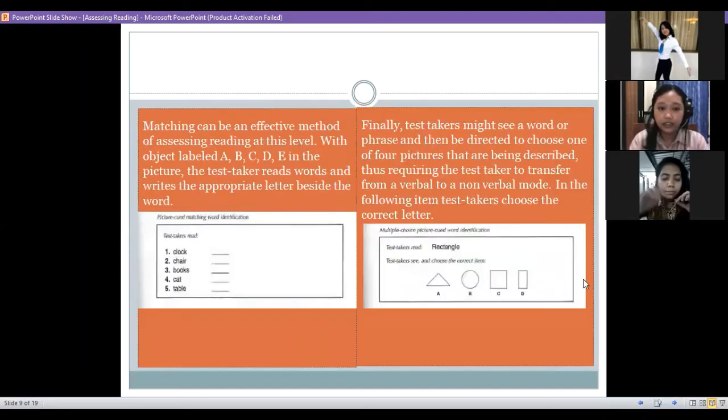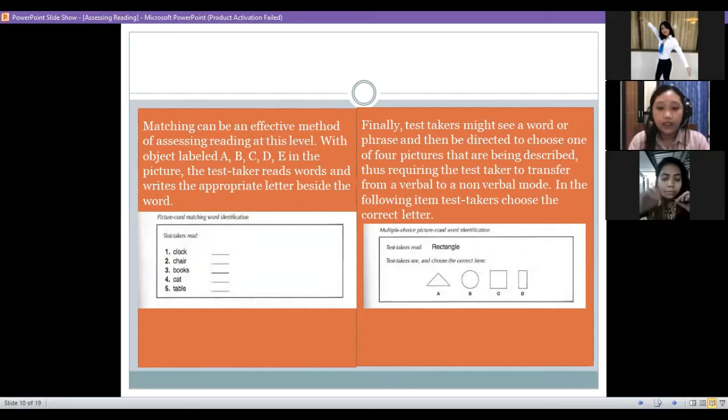And the next is, matching can be an effective method of assessing reading at this level. With objects labeled A, B, C, D, and E in the picture, the test taker reads words and writes the appropriate letter beside the words. For example, picture-cued matching word identification.